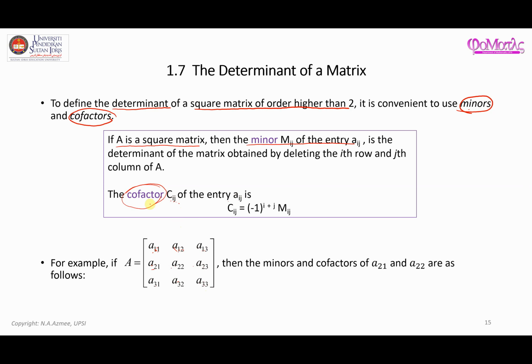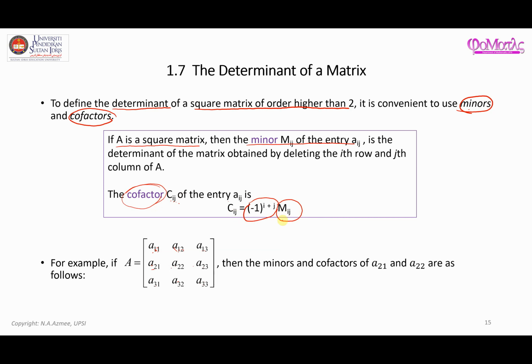This is the formula to find the cofactor. You can see that the cofactor depends on first obtaining the minor of the entry. So the cofactor is made of this part and this part.